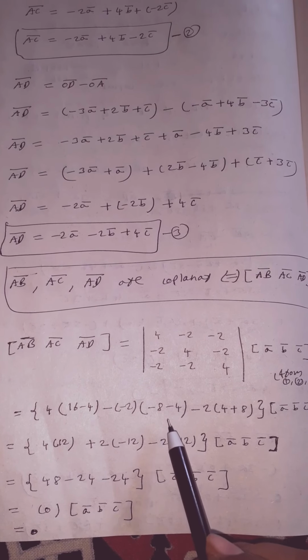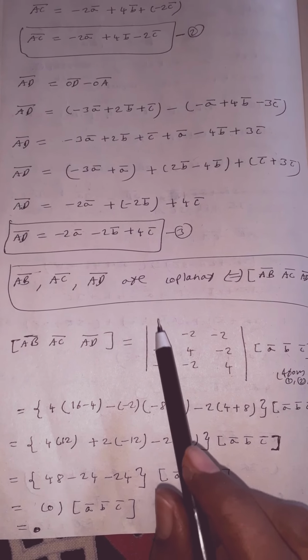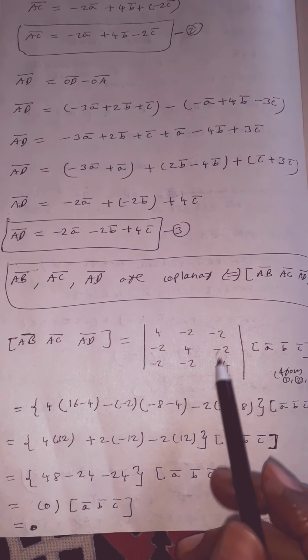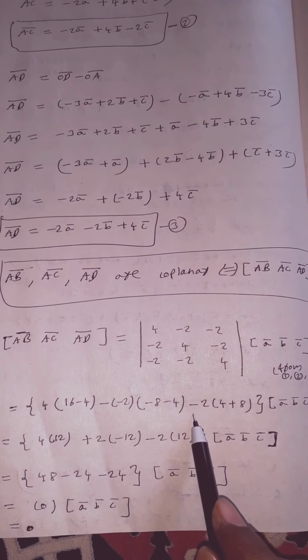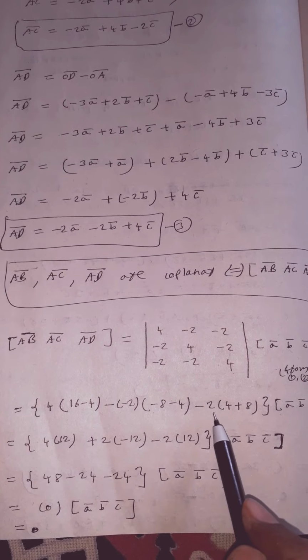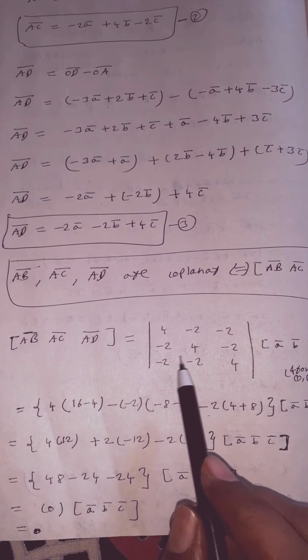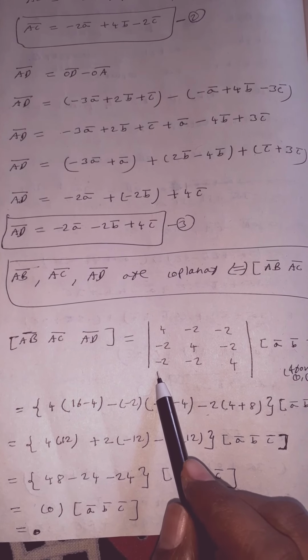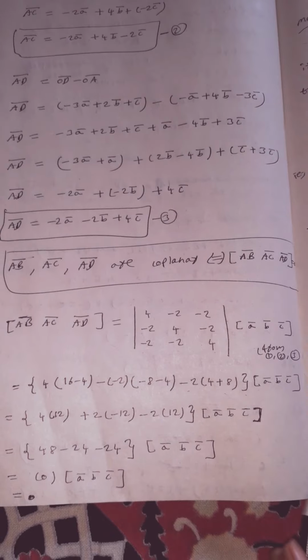So 2 fours, how much, children? 8. Here a plus term is there, plus minus plus you should write, but according to this value you should write minus, children. Why? Because plus into minus is minus. Write minus 2 as it is. So minus 2 into minus 2 is plus 4. So here minus of minus, it will become plus, so 2 fours is how much? 8. So close the brackets.